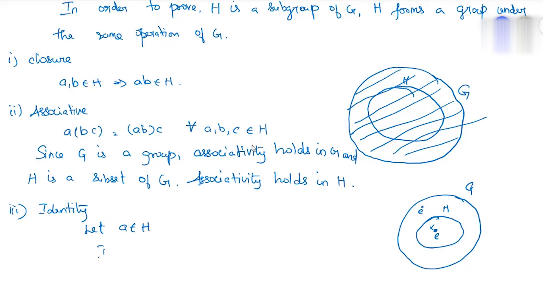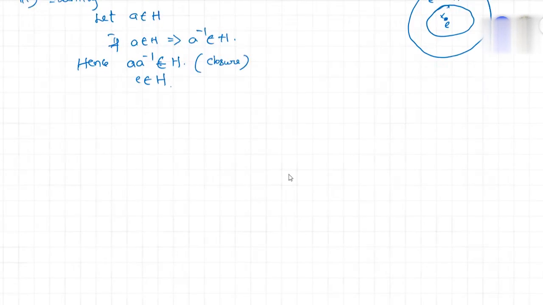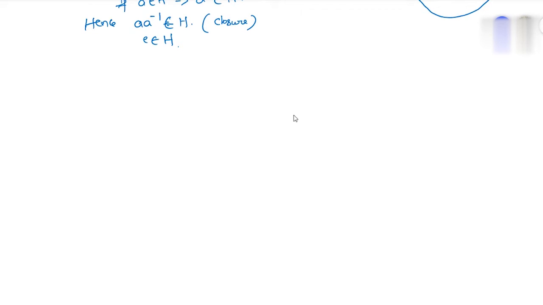That is, if A belongs to H, then A inverse belongs to H. Since H satisfies the closure property, A belongs to H and A inverse belongs to H, so the operation between them also belongs to H. Now, what is A times A inverse? It is E. That is, E belongs to H. Hence, we have proved the identity is present in H.